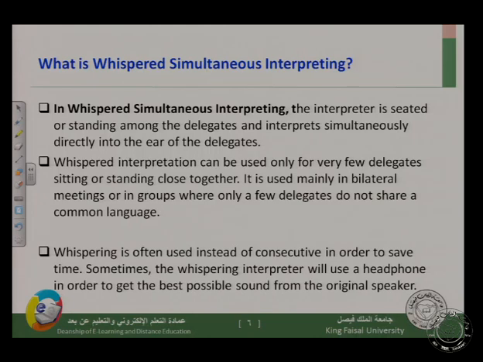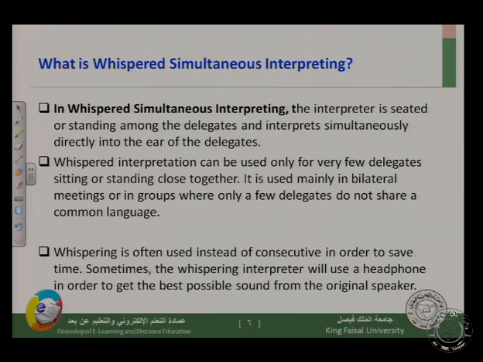Why do people use whispering instead of consecutive interpretation? Because it saves time. Instead of taking notes and taking time during consecutive interpretation, they use whispering. And sometimes as well, the whispering interpreter will use headphones.